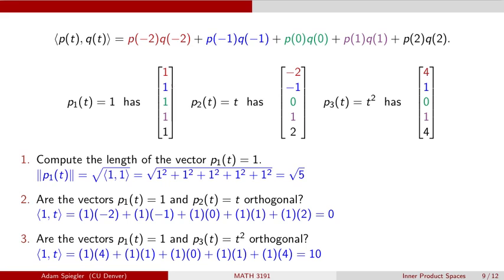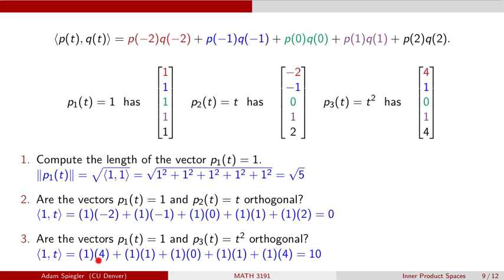If I want to determine whether the vector p1 of t equals 1 and p3 of t equals t squared are orthogonal, now I take the dot product of the evaluation vector for the first polynomial and the evaluation vector that we got when we evaluated t squared at those 5 different values. Then we just take the usual vector dot product of these two vectors. That would give us 1 times 4 plus 1 times 1 plus 1 times 0 plus 1 times 1 plus 1 times 4.